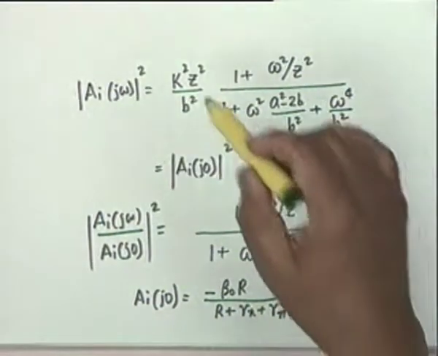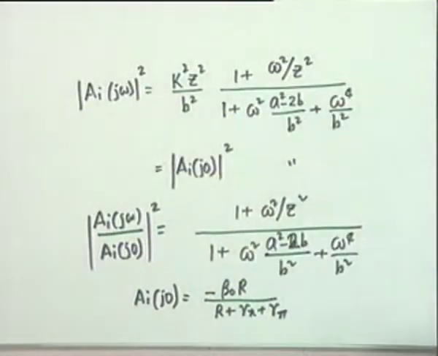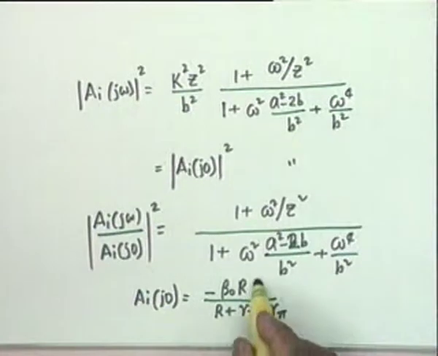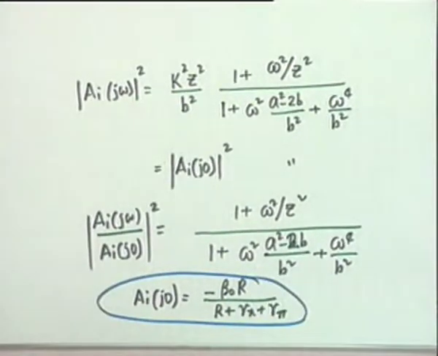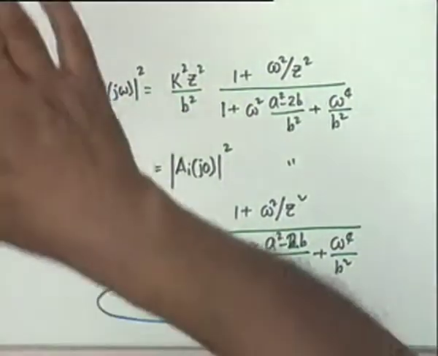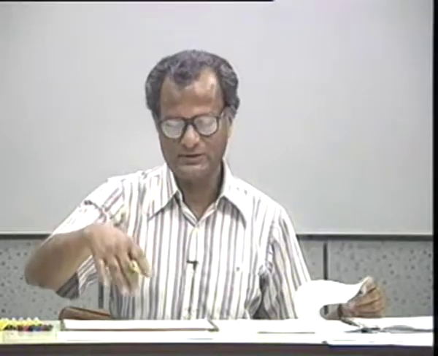You have to substitute for k, z and b, and this is the value. We shall require this later, A_I(j0). This is the mid-band gain, or it starts from low frequencies because there is no coupling capacitor in this circuit.